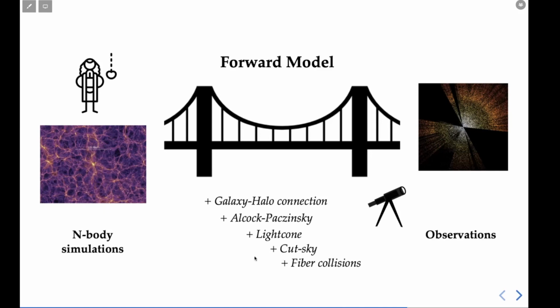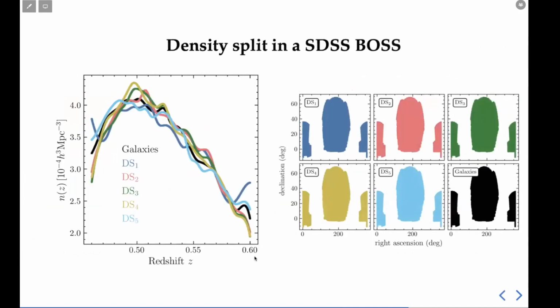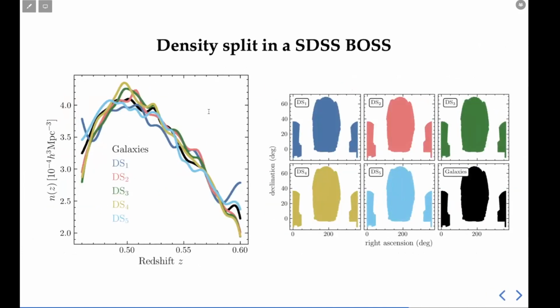This is current work. You can see here, for instance, the measurement of density split in BOSS. So although we're developing everything for DESI, we're first going to test our pipeline using BOSS data because it's been widely used by other people before, and we can easily compare constraints. They have a handle on systematics as well.